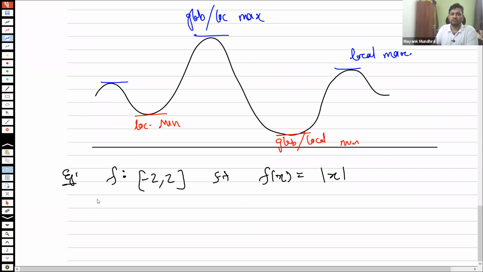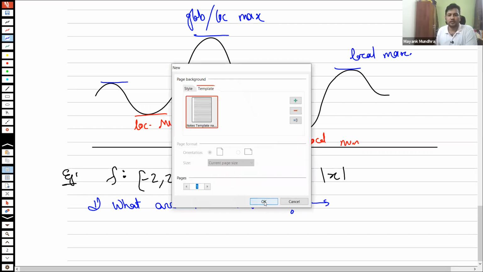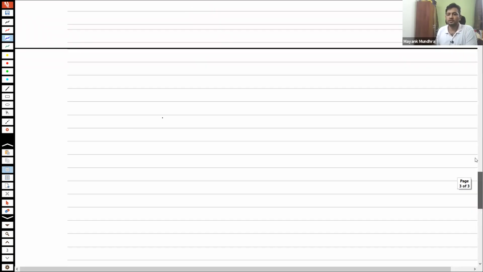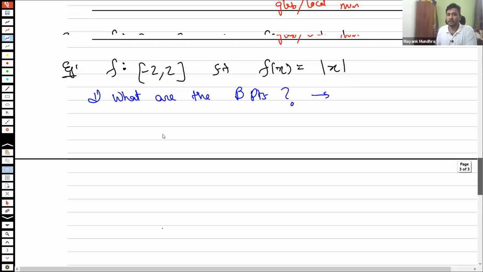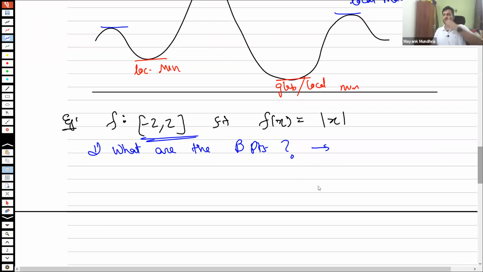So my first question is, what are the boundary points of this function? Remember, for boundary points, you don't need the function. You just need to look at the domain of the function. What are the boundary points of the function?